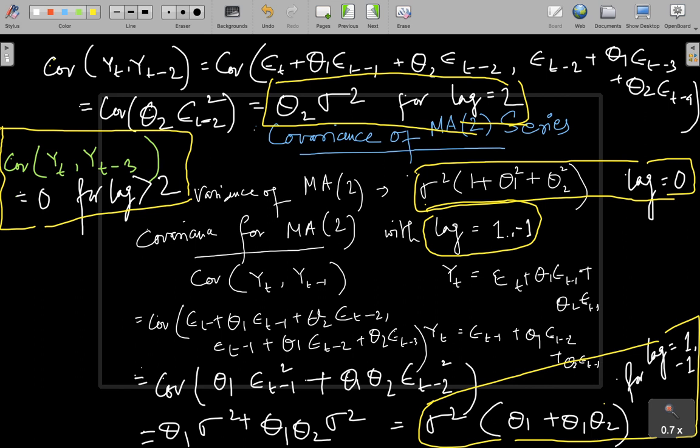Now if I want to get the correlation coefficient, it's very simple. You just need to divide. In general, I write rho k is equal to gamma k by gamma 0. Gamma 0 is nothing but the variance, and gamma k is the covariance with lag k.